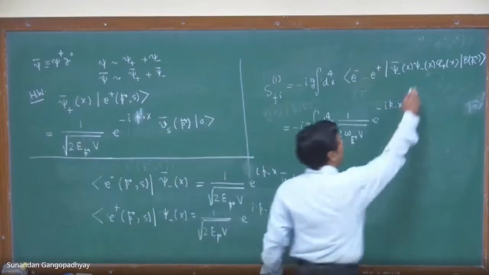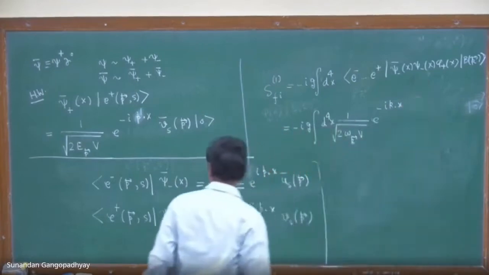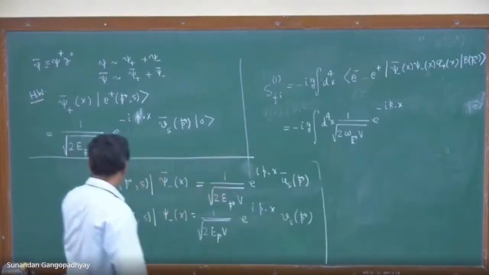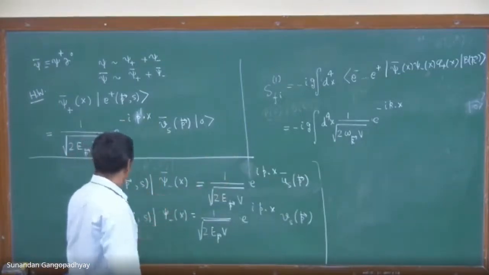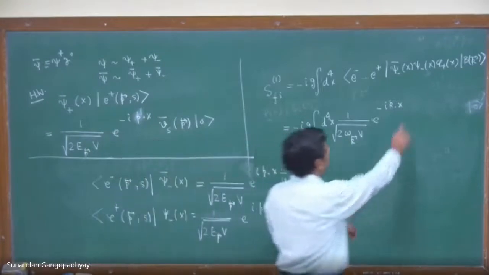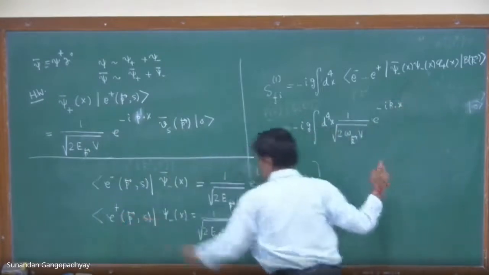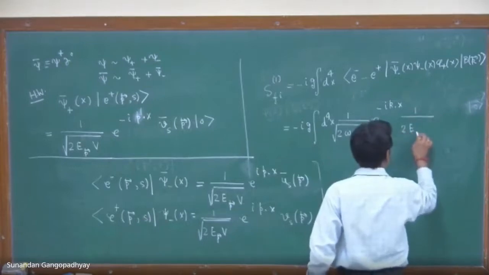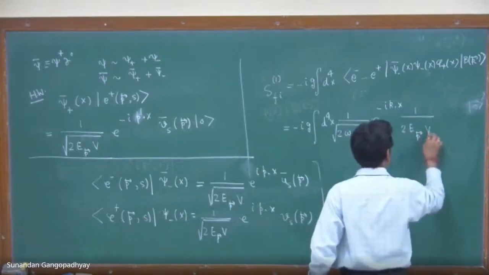What we have for psi minus acting on this positron state, given this bra positron state, was 1 by root 2 omega.